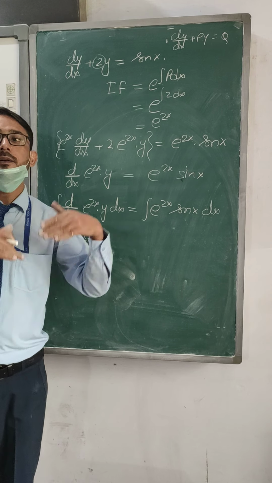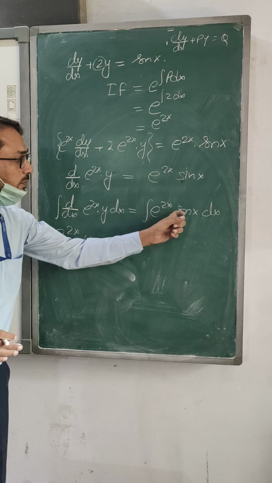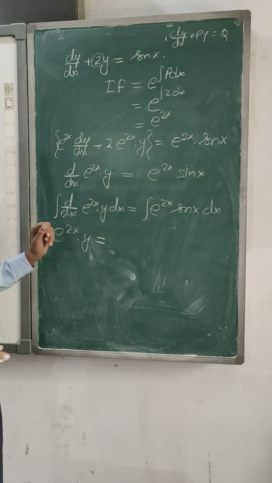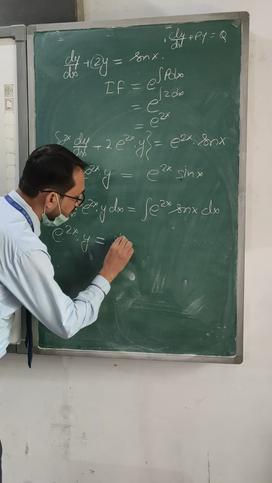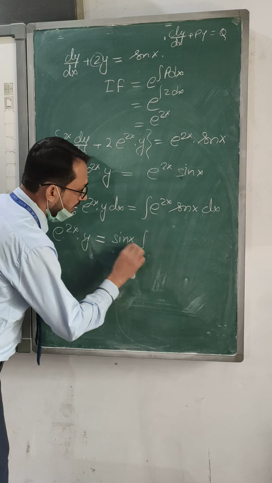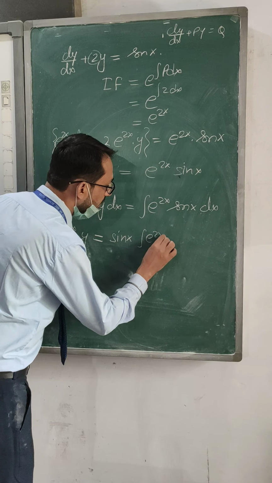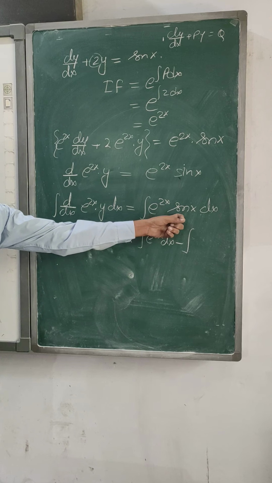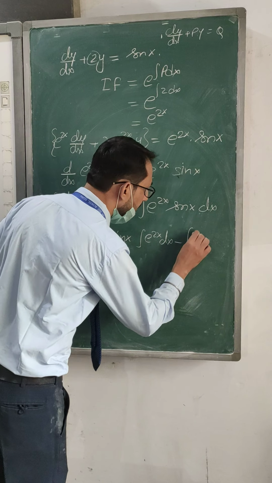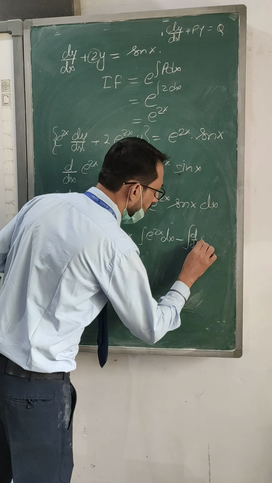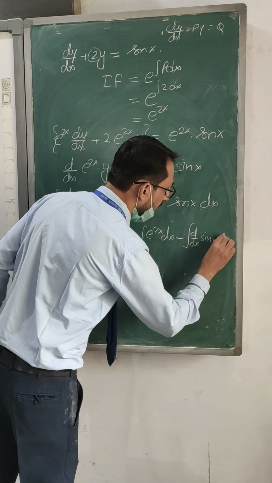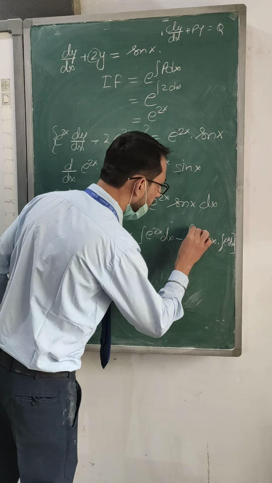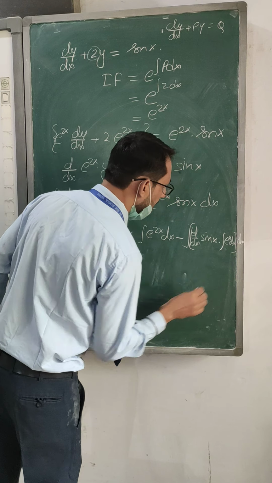What do we need to apply? Integration by parts. What must be the first function in this case? Sin x. Integral of sin x into integral of e to the power 2x dx, minus integral of the differentiation of sin x into integral of e to the power 2x dx, whole dx.